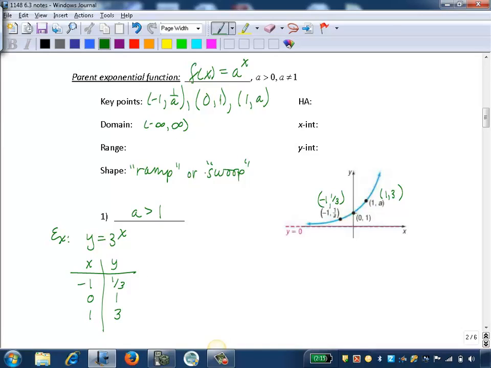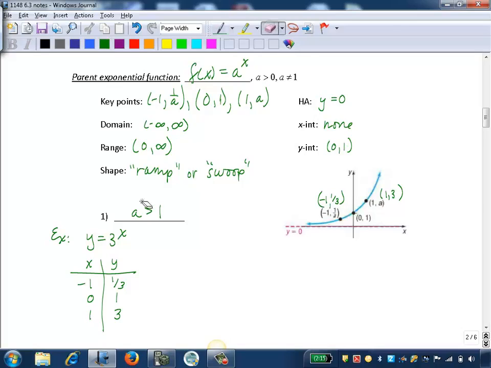So these functions have a range from 0 to infinity, and that horizontal asymptote is at y equals 0. Because of that asymptote, there are no x-intercepts, and the y-intercept is 0, 1.